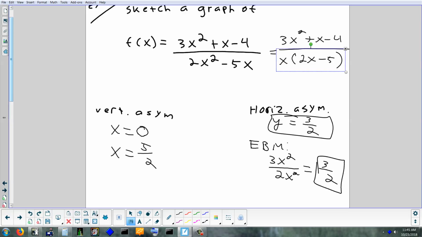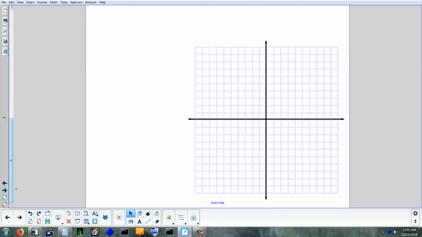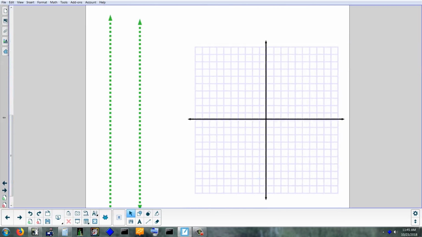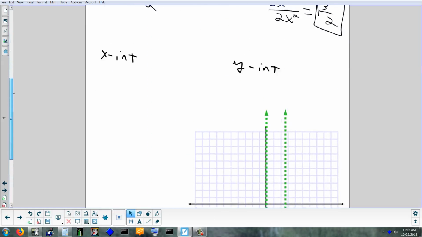Now I think we should sketch our asymptotes. All right, so we've got one at 0 and 2.5. So put one at 0, put one at 2.5. So there's 0. There's roughly 2.5.